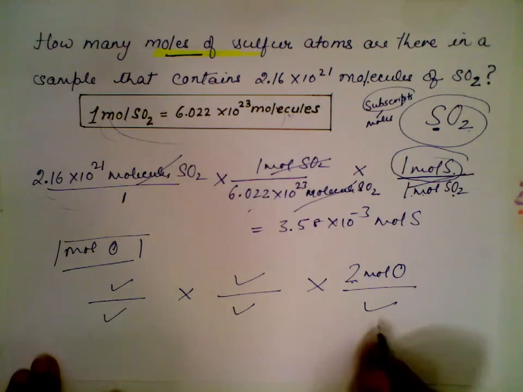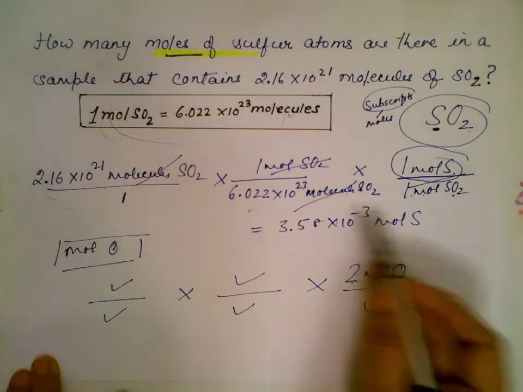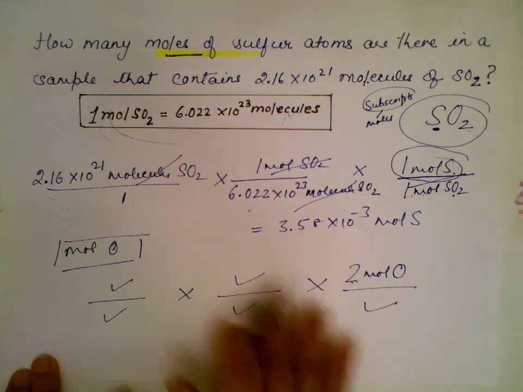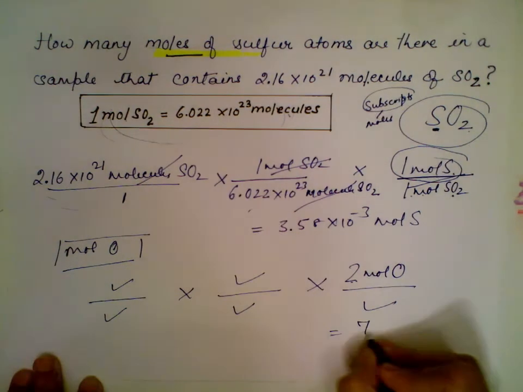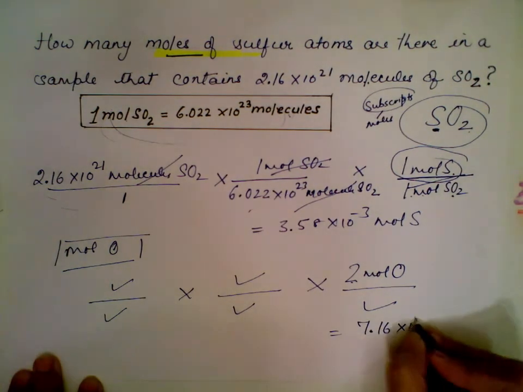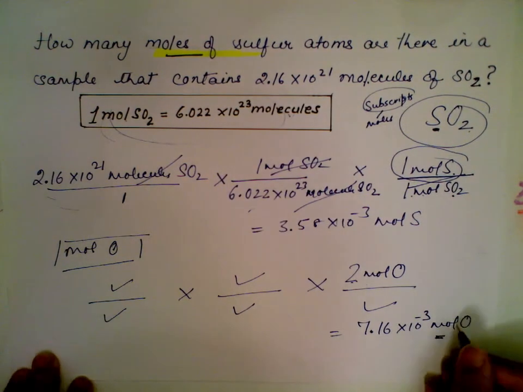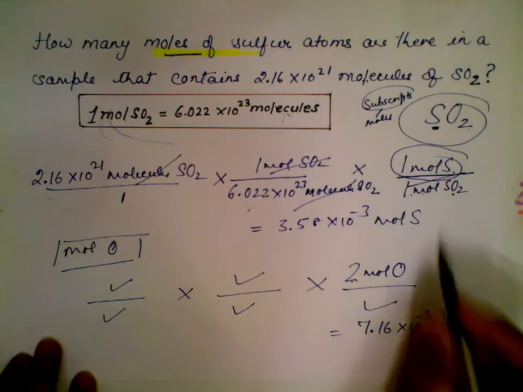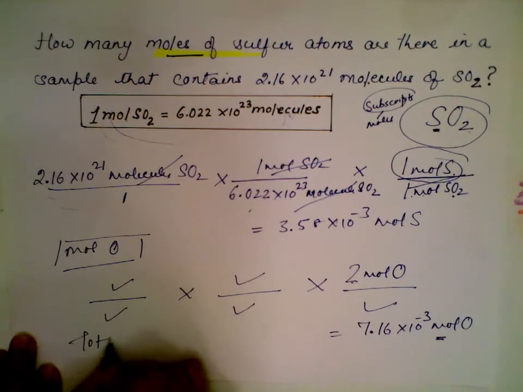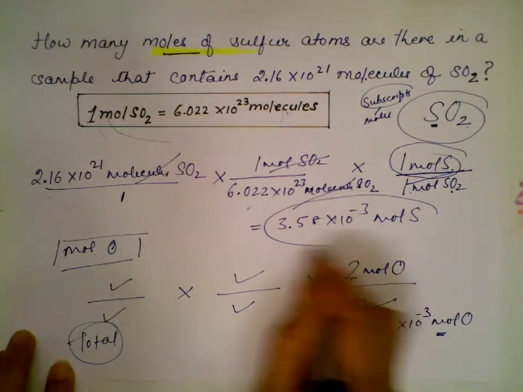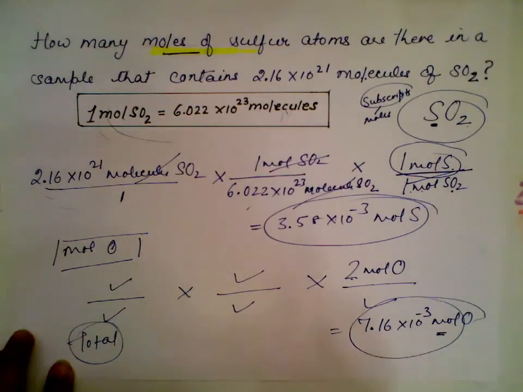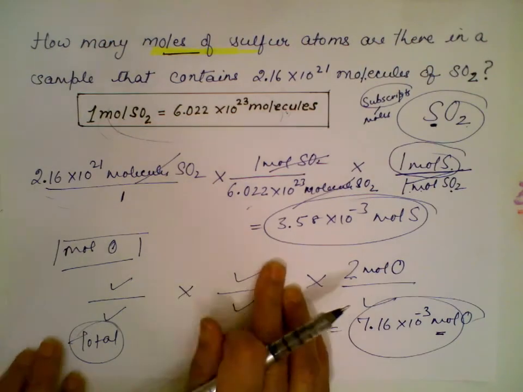You can just multiply this by 2, or plug in values and solve it. That will give you the answer. And if you have to find total moles, for the total you will add this and this. That will give you the total moles.